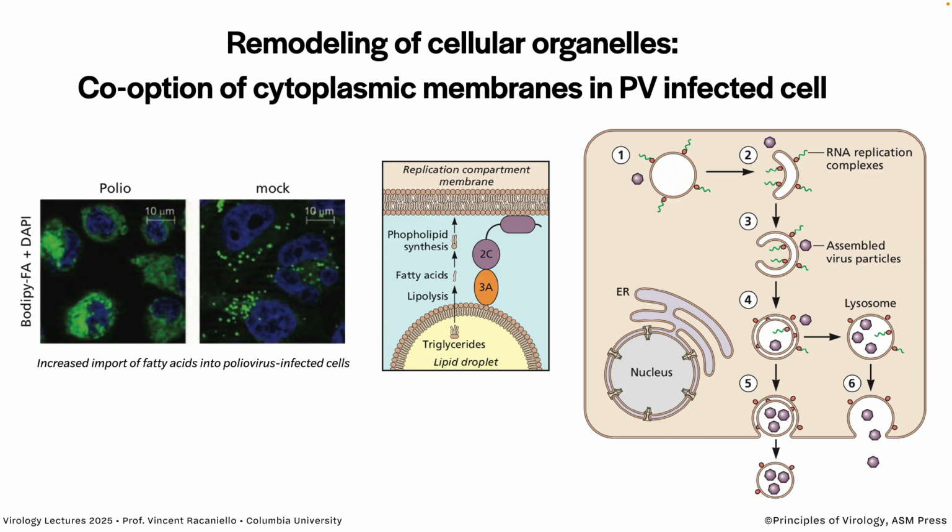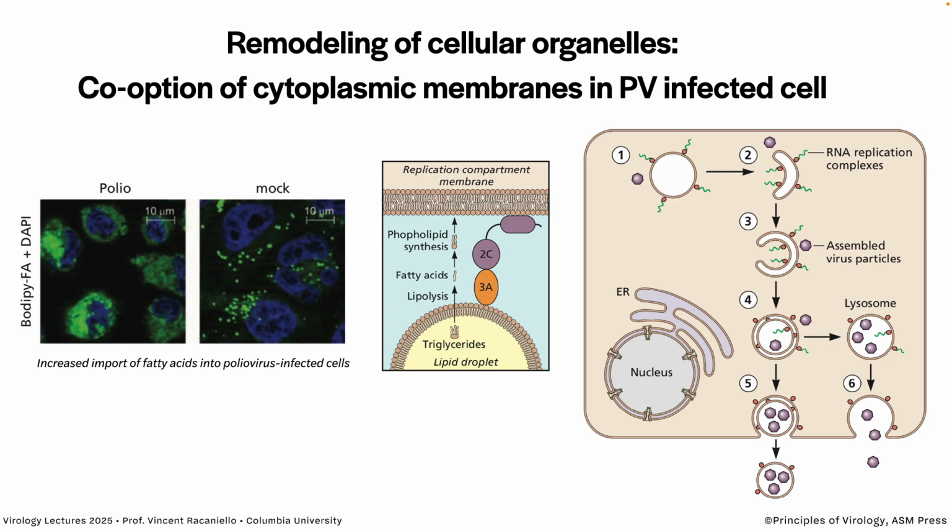So you have a poliovirus-infected cell, and these little vesicles begin to form. Again, those are made from lipid droplets, but also from ER and Golgi. They form into double membrane particles. On their surface, this green is the RNA replication. So the RNA replicates on the surface of those membranous compartments.